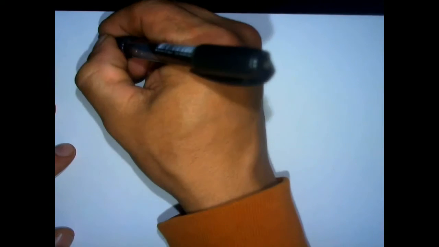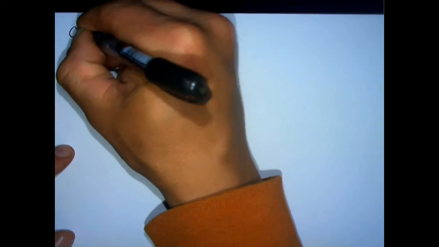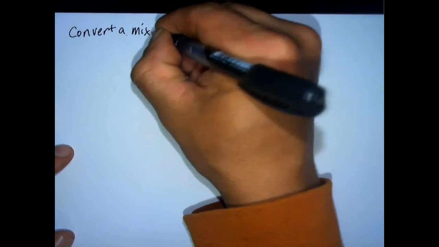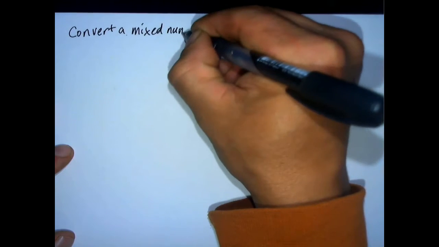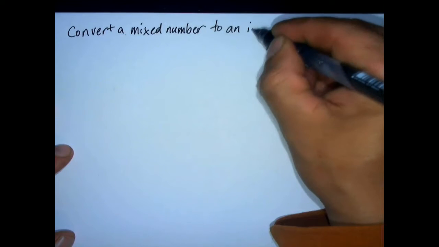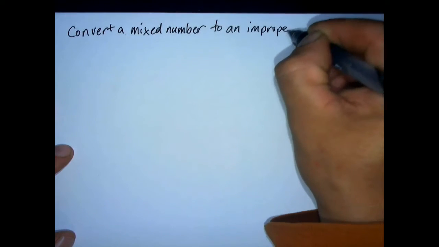Which one are we going to do first? Let's convert a mixed number to an improper fraction, because this one's the easier one.